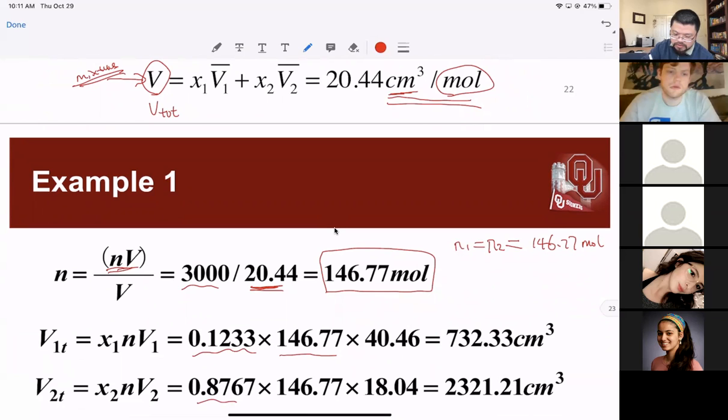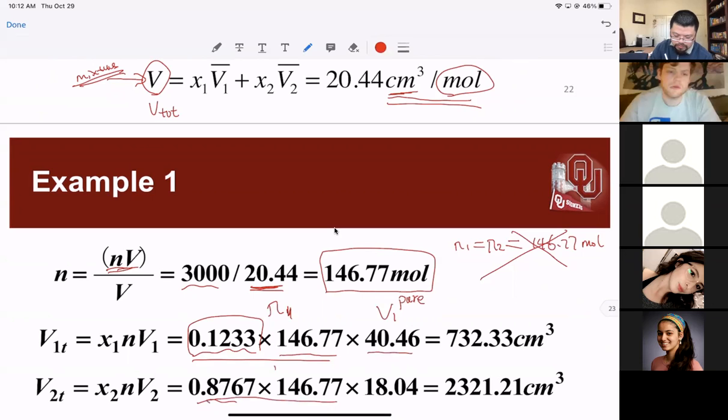No, this is wrong. Because I need to multiply by this molar fraction. This is N1. And that is the specific volume for the pure one, V1 pure.